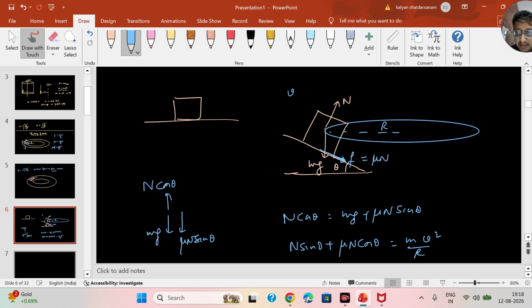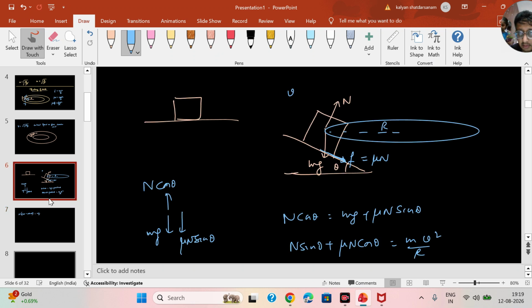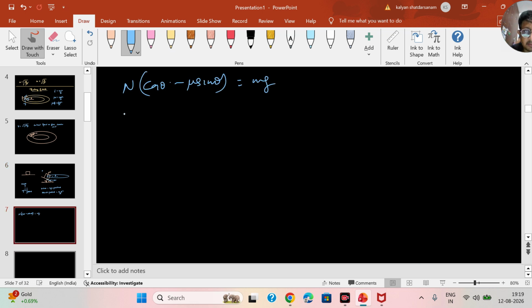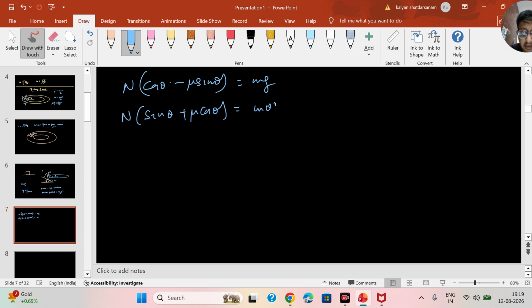So let's get the speed here. We'll eliminate n here. So first equation, if I keep all n terms on left side, n into cos theta minus mu sin theta is mg. That is first equation. And n into sin theta plus mu cos theta, second equation, will be m into v square by r.